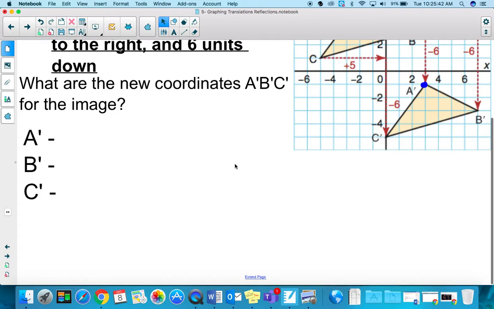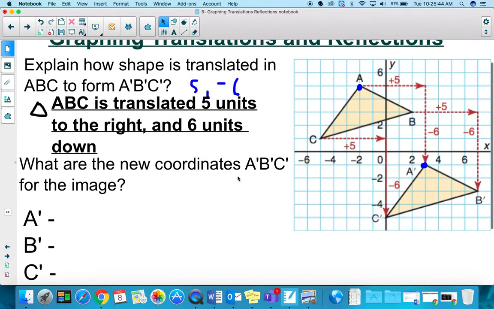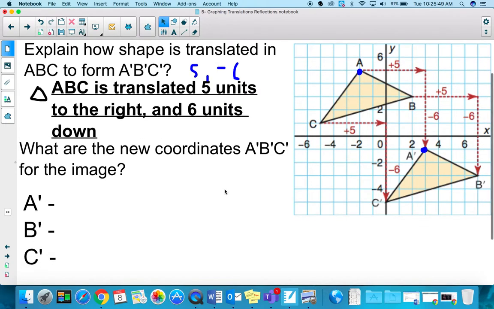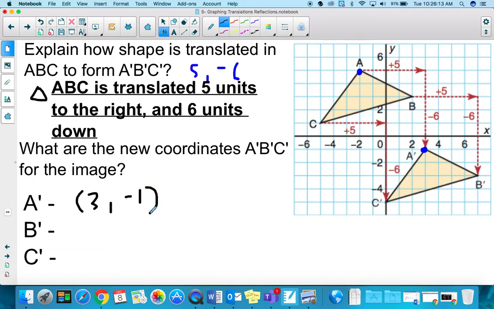The second question asks us, what are the new coordinates A prime, B prime, C prime for the image? Okay? So now all we have to do is go over to the A'B'C' triangle, and we're going to do those coordinates. So let's look at coordinate A prime. On the x-axis it goes 1, 2, 3, so it's a 3, and it goes down 1, so it's a -1. So A prime is (3, -1).